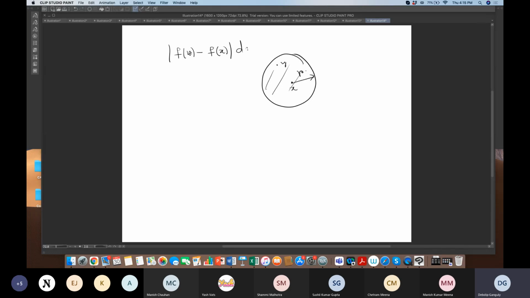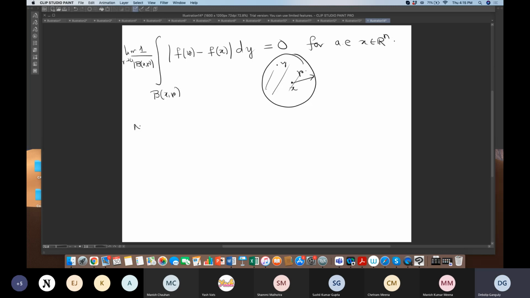Take the integral dy over B(x,r) and divide by the measure of B(x,r), with r tending to 0. This should go to 0, but not for every x, only for almost every x in R^n or R, whatever.